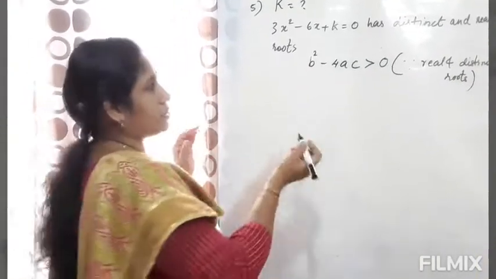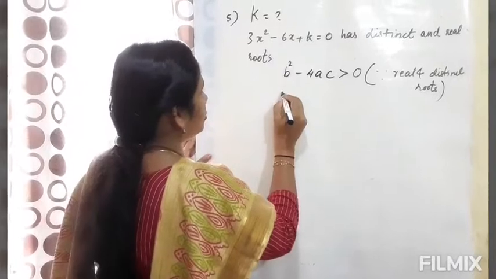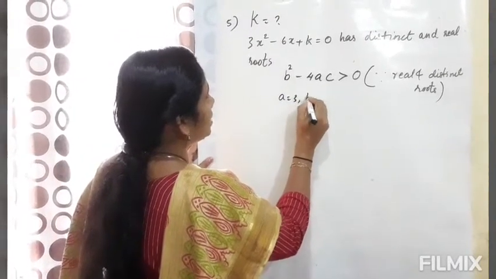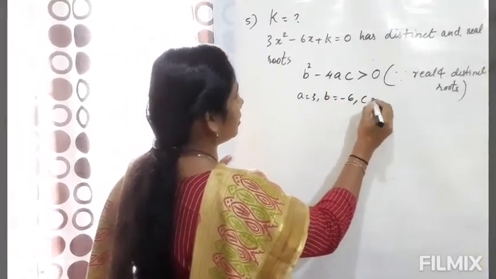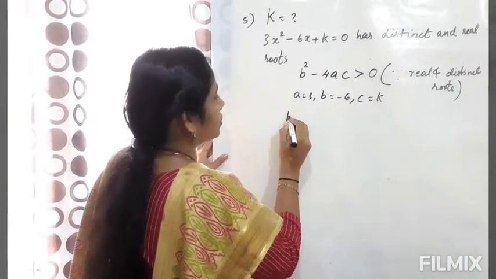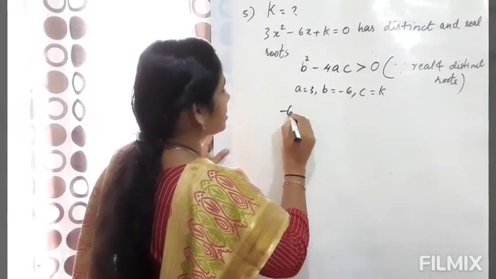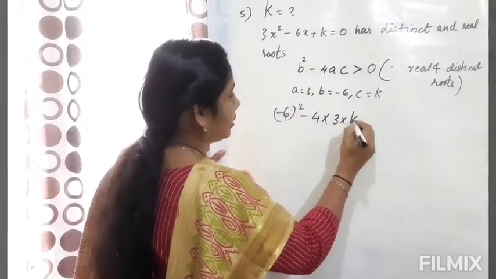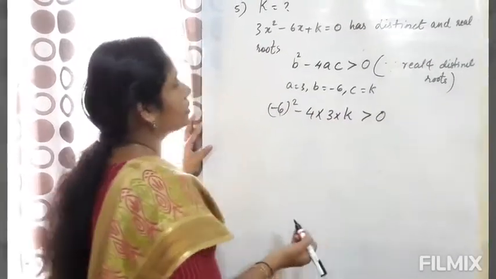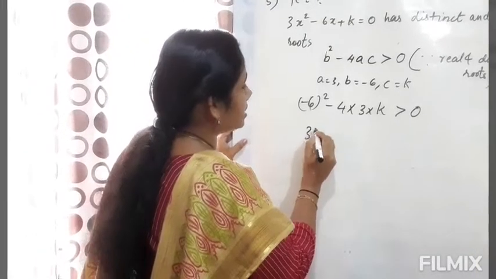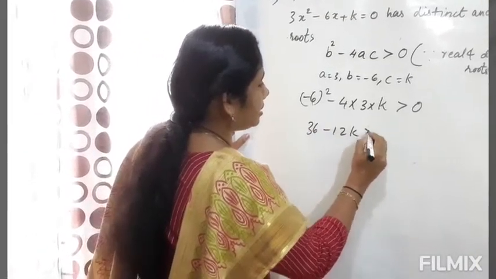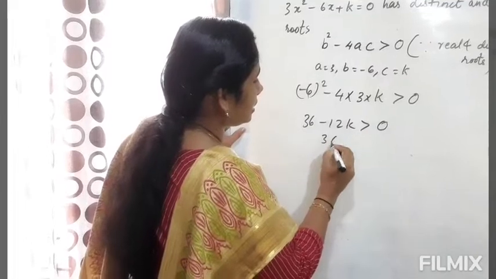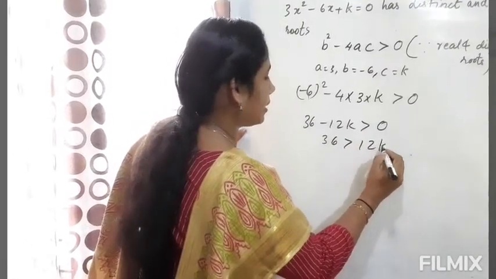So we can substitute the values. Here a is equal to 3, b is equal to minus 6, c equal to k. Substitute that. Minus 6 the whole square minus 4 into 3 into k greater than 0. 36 minus 12k greater than 0. 36 greater than 12k.